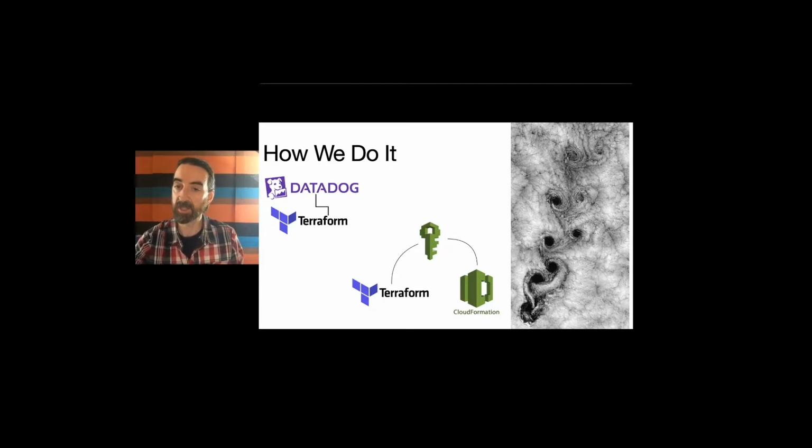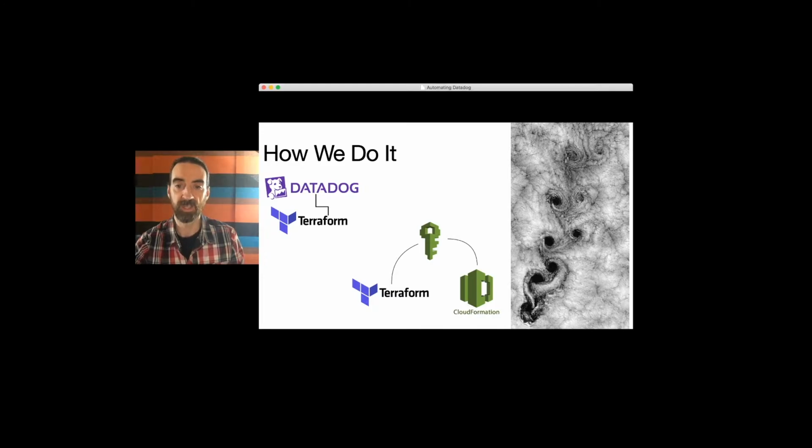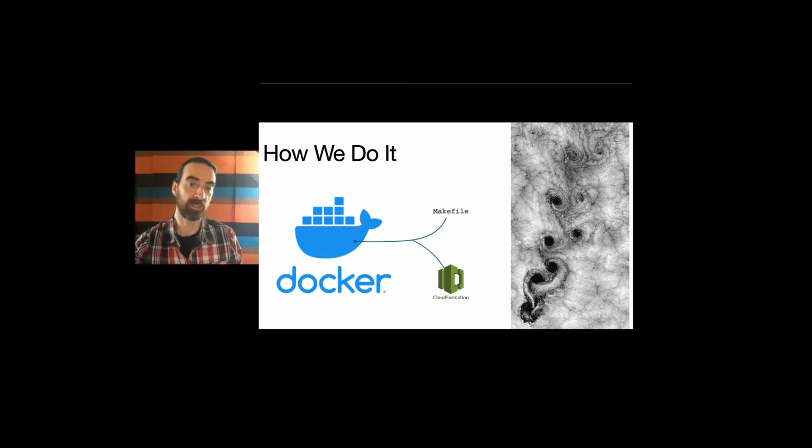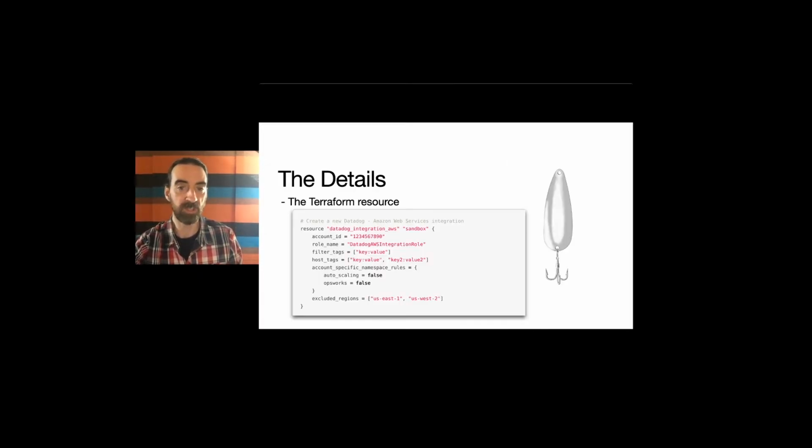We created a module in Terraform that teams can pick up and use if they like Terraform, if that's what they generally go to, or there's a CloudFormation template that we created as well. And for that CloudFormation template, to make things a little more simple, we created a makefile with some directives and stick the two into a Docker container, and you can have some one-liners to create that IAM role that Datadog needs. I'll get into that a little more later on.